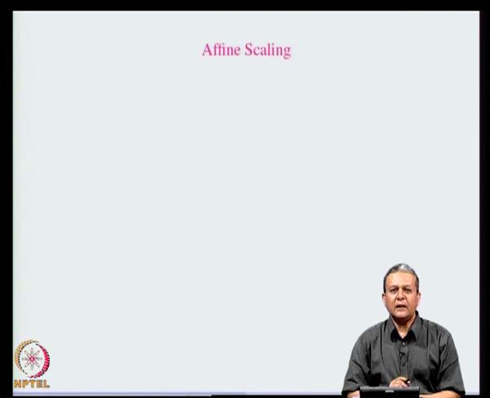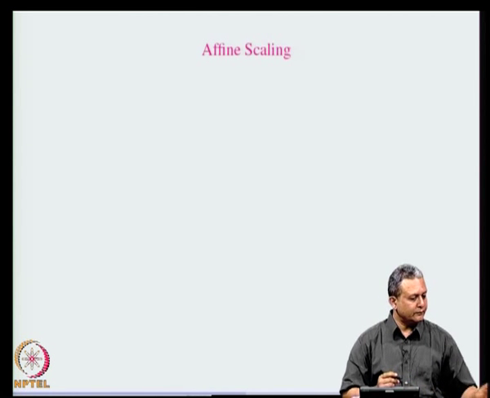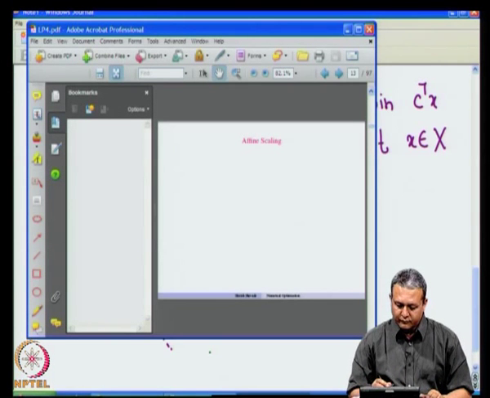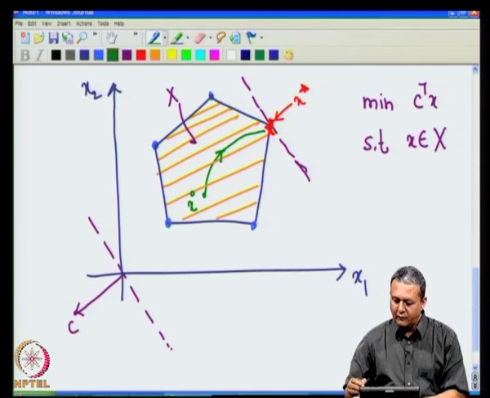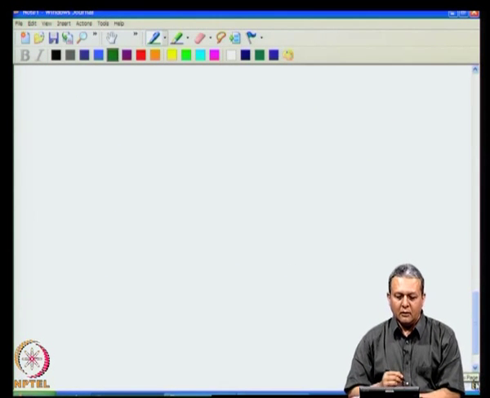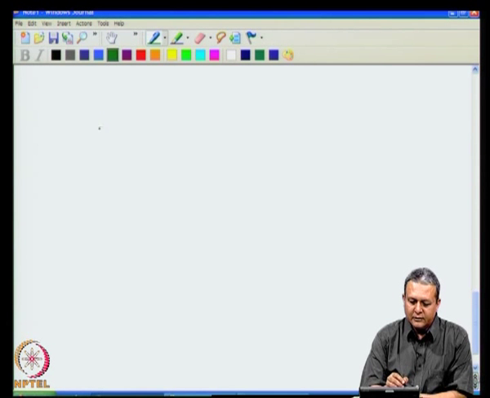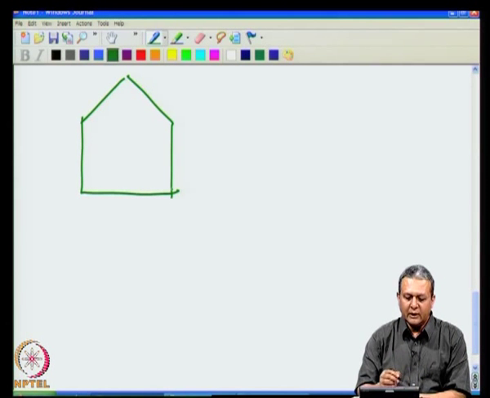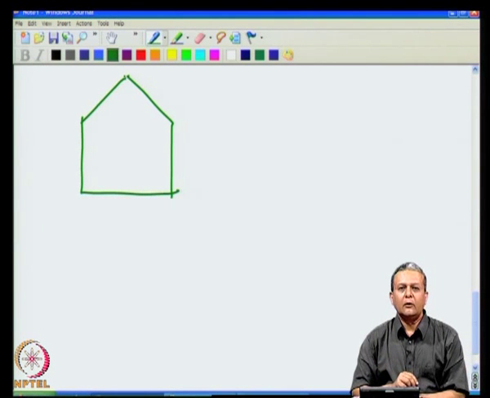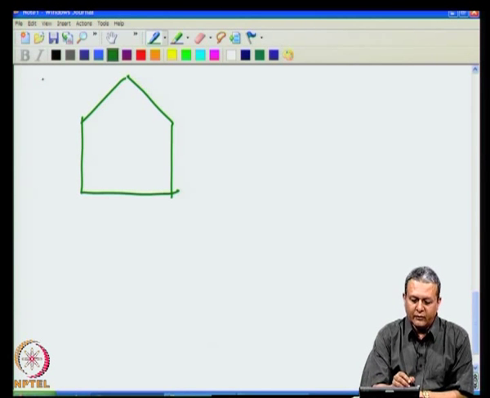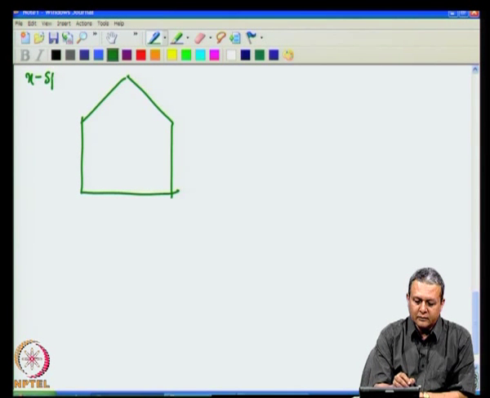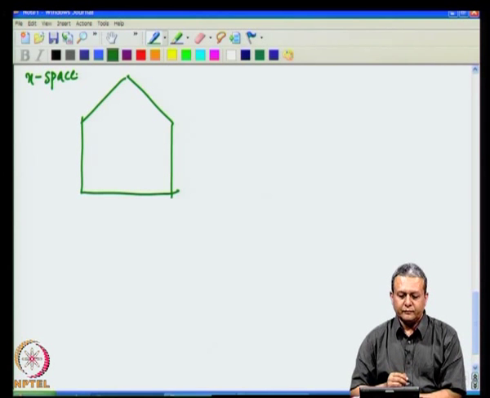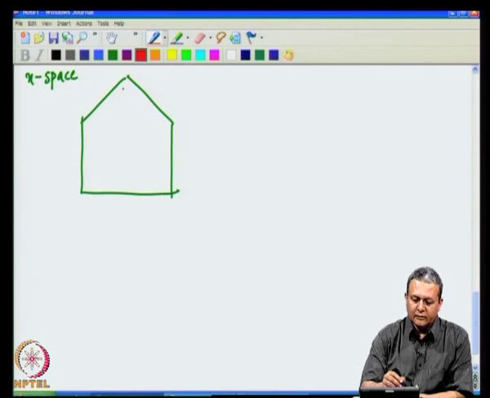Now, let us see the idea of affine scaling. So, let us take a simple example. Let us assume that this is our feasible region in the input space. Let us call this as X space, and this is the feasible region.